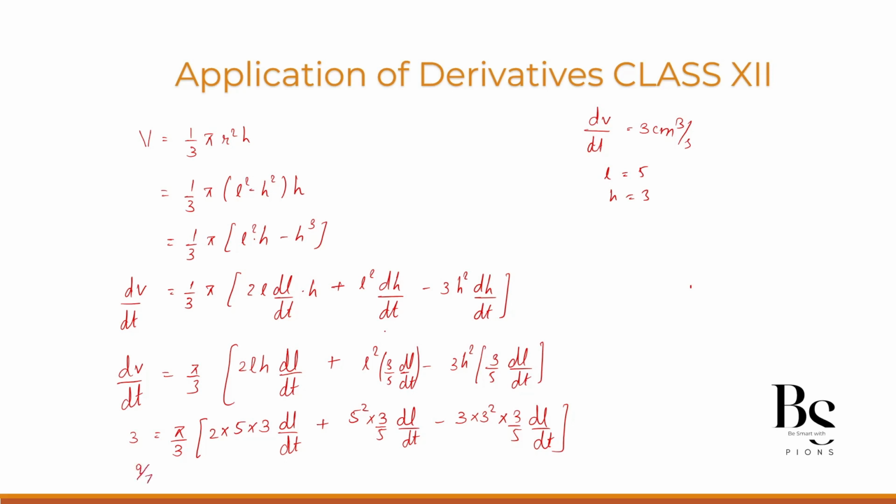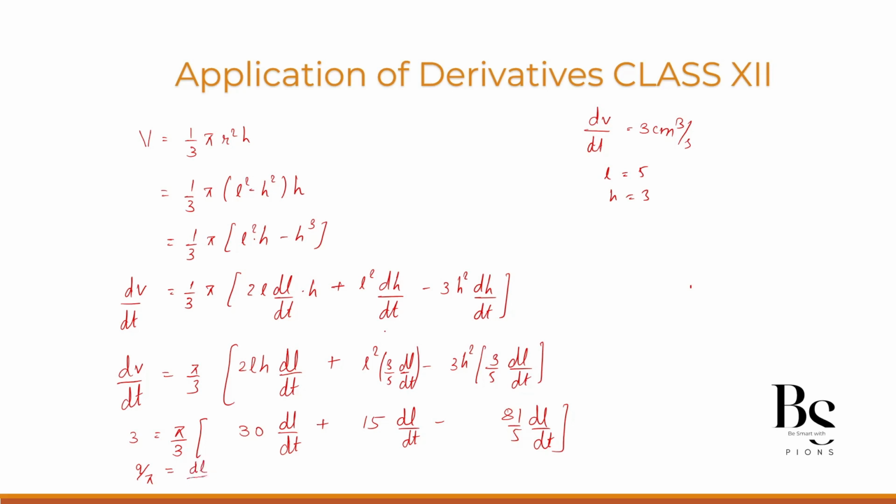Let's take this 3 on the other side. 9 by pi equals, let me simplify now here only. 2 5s are 10, 3s are 30 dL by dt. 5 and one of the 5 will cancel out, and you are left with 5 3s are 15 dL by dt. 3 3s are 9, 3s are 27, 3s are 81. 81 by 5. Correct? So this will be dL by dt.